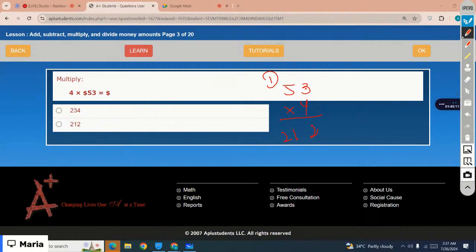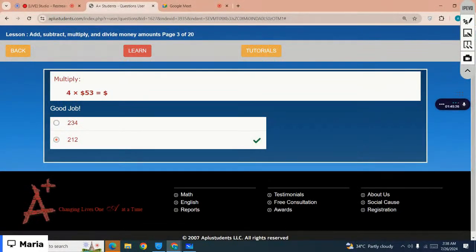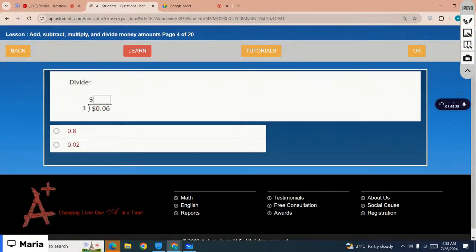That is option number 2, right? 212 is the correct option. Okay, the next one is 0.06 divided by 3. So which is the correct option?